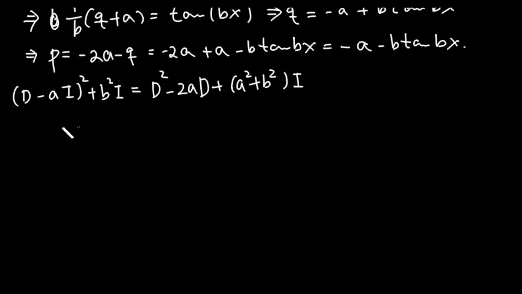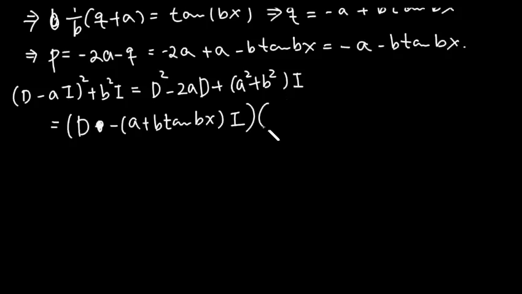And we're claiming that here's D plus p(x), and p(x) looked like this. So I'm going to write it negative a plus b tangent bx I, and here's D. Let me pull out the negative, then it's going to be a minus b tangent bx there, an I in there.